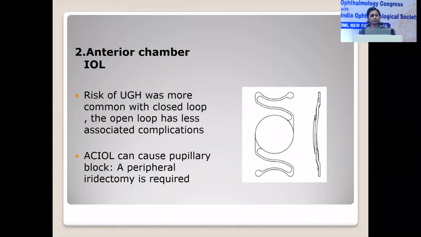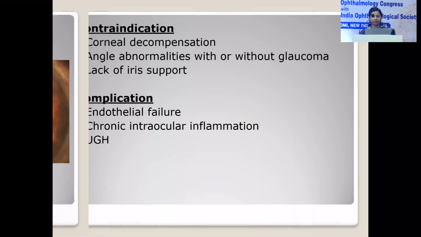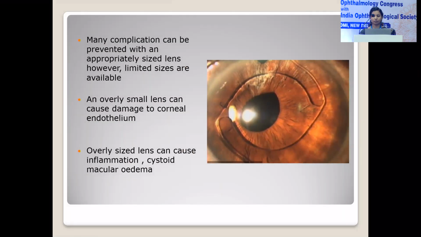The other option in these cases is anterior chamber intraocular lenses. With the previous older closed loop designs, there were more chances of UGH syndrome, but with the modern open loop designs, there are fewer associated complications. In these lenses, the risk of pupillary block is usually high, so a peripheral iridectomy is always performed, and most of the complications of ACIOL can be prevented with an appropriately sized lens, but the problem is that only limited sizes of ACIOLs are available.